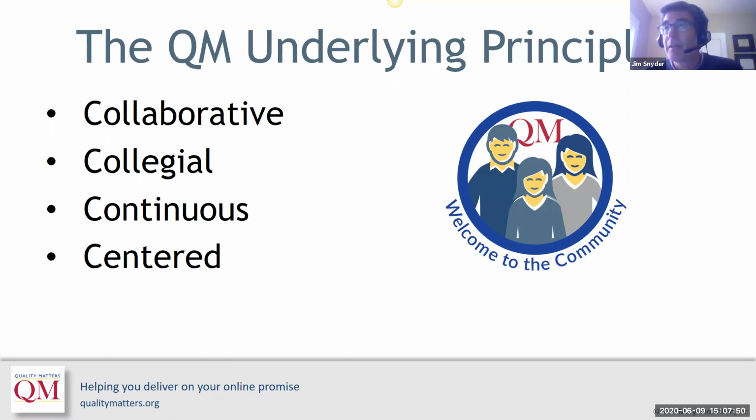It's a journey, not a destination. And we are very much centered on student learning and centered on research. We are backing everything that we've created on research, with the idea that we are here to help improve student learning, student engagement, and student retention within courses.